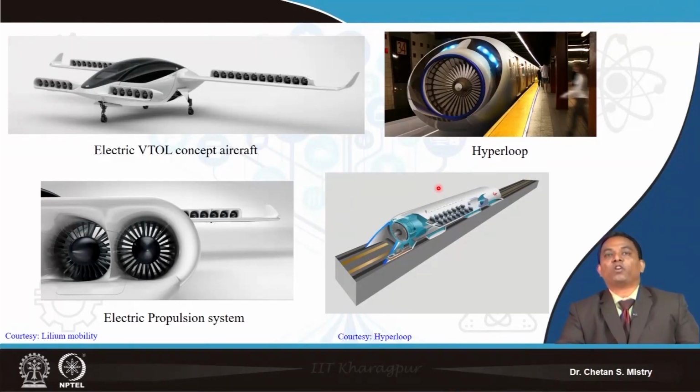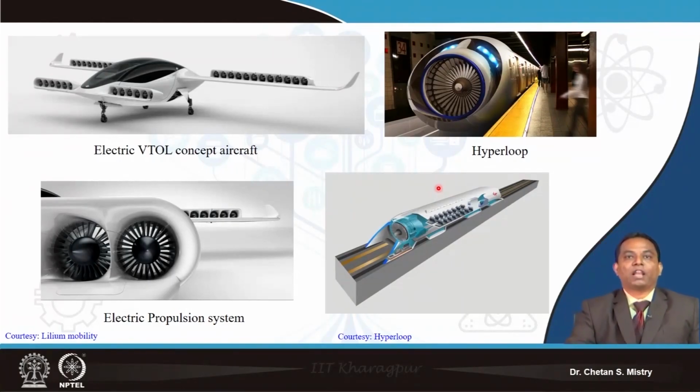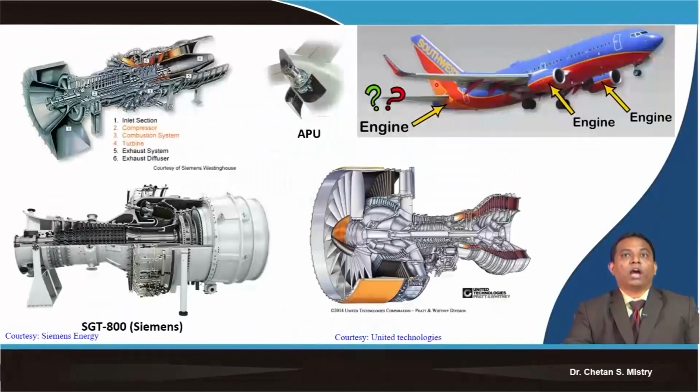Hyperloop works on the principle of maglev, but here you need a large amount of propulsion power, and that propulsion power is provided by a high speed compressor. So this is also a category of application for generation of thrust in a new era.